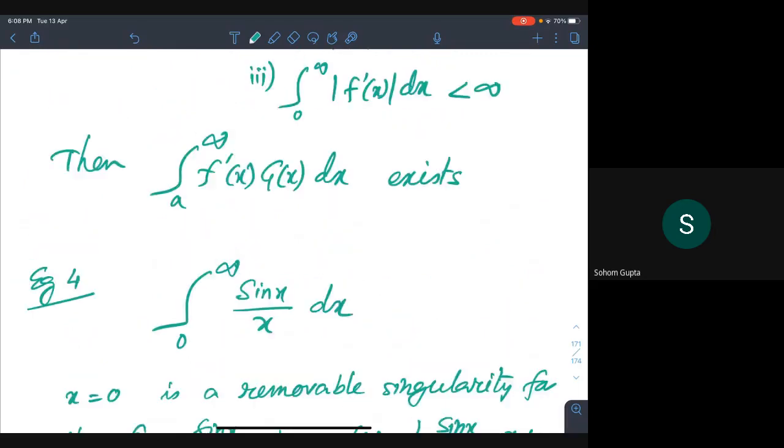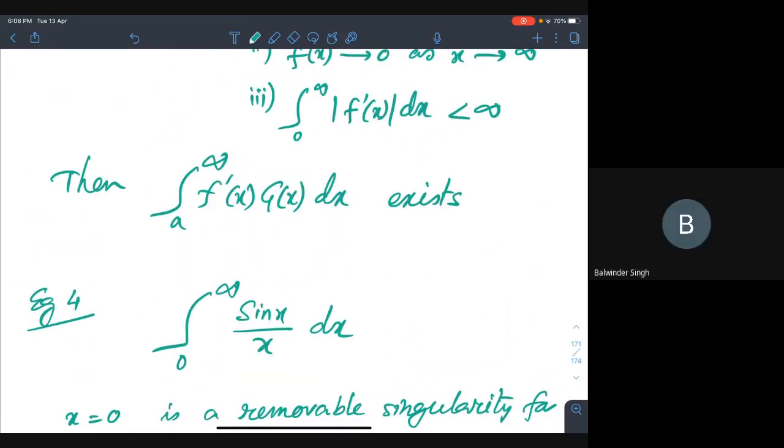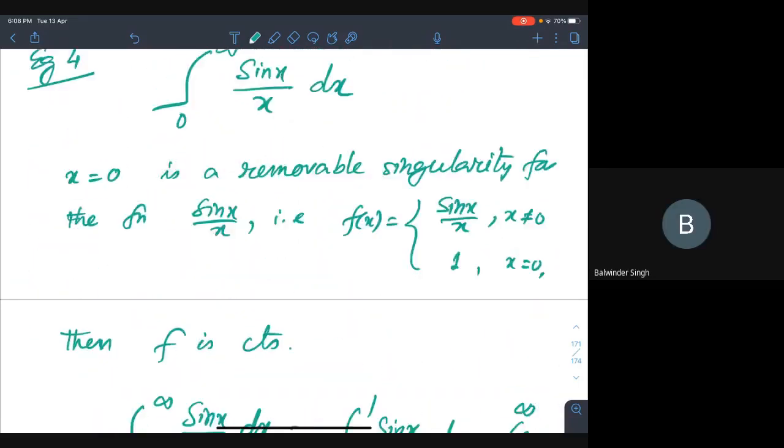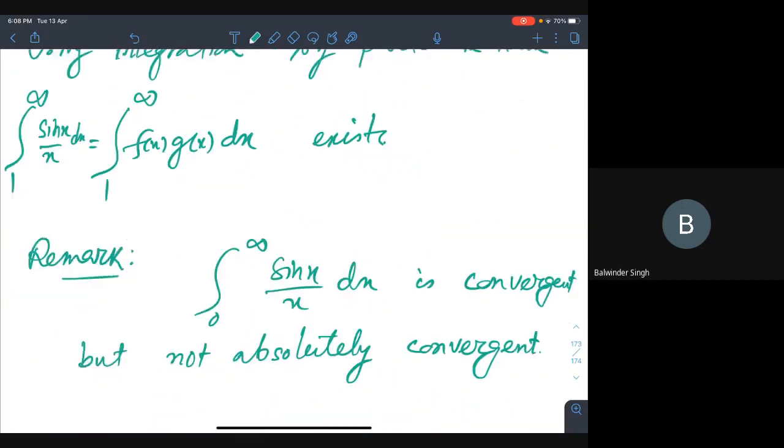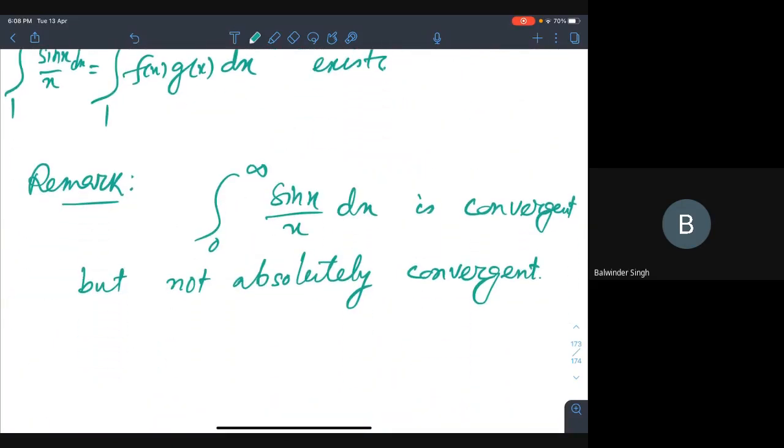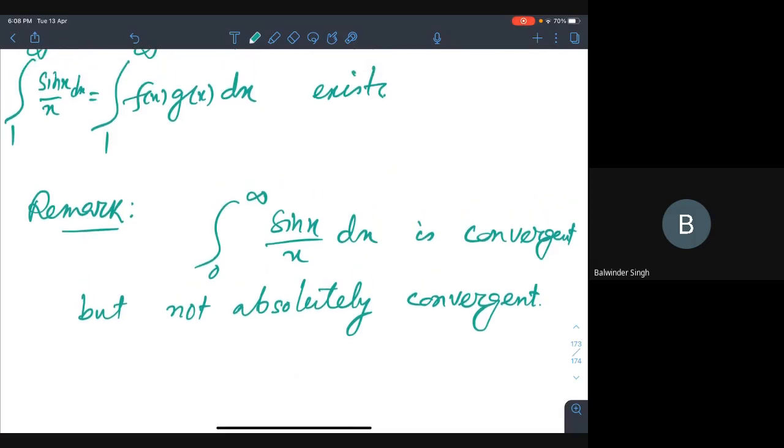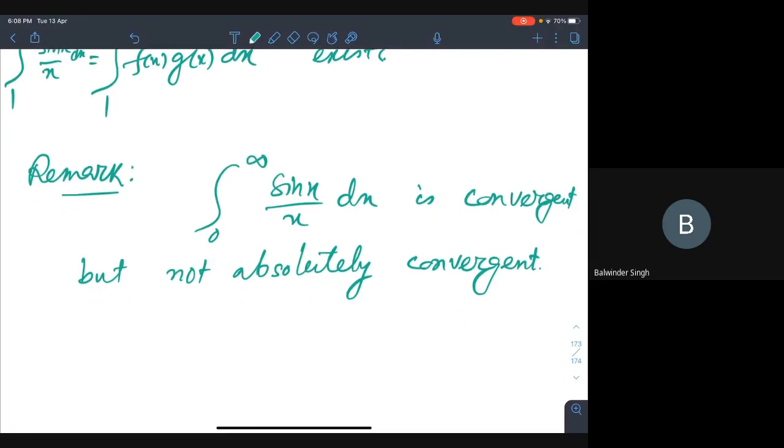Yes, sir. Now it is fine. Okay. So next time we'll see this, convergent but not absolutely convergent. For that we need a kind of test, and we'll do that, and then beta gamma function we will define.